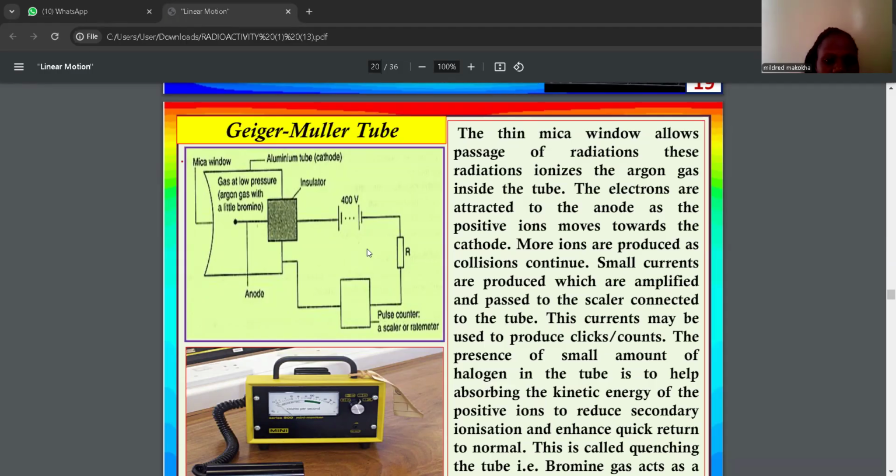To avoid all these, bromine gas is normally provided so that the bromine gas will absorb the kinetic energy of the positive ions so that they don't reach the cathode.